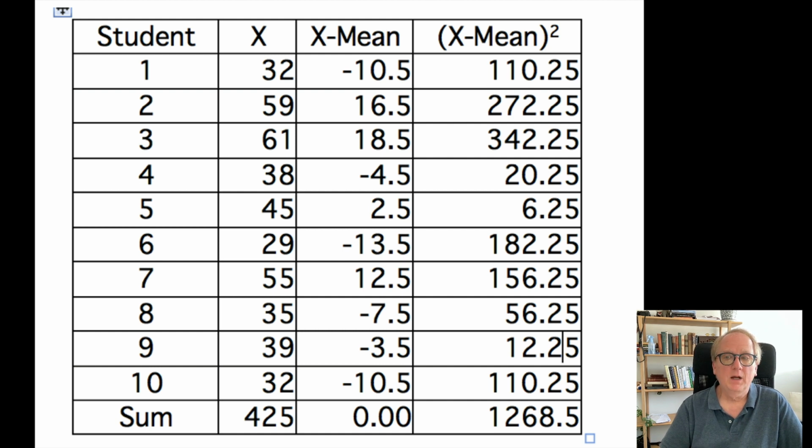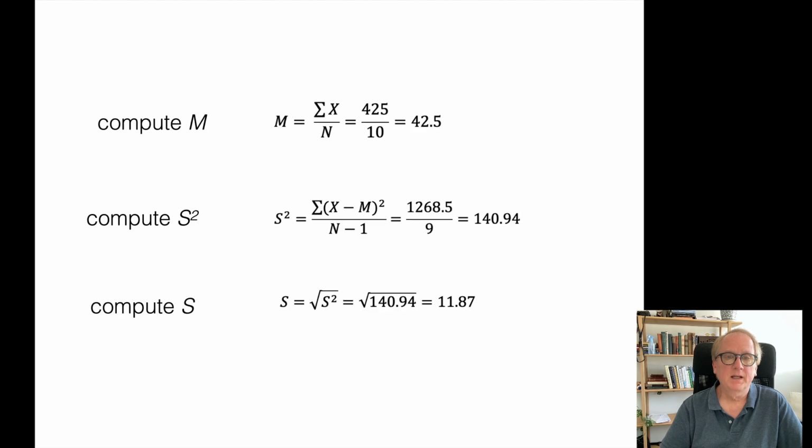Okay, so I want to take these numbers now and turn them into values that I can use. If I want to know what the mean is, like I've already shown you, I take the sum of x, 425, and divide it by 10. Now, if I want to figure out the estimate of the variance for the population, I take the sum of (x minus M) squared and divide by n minus 1.